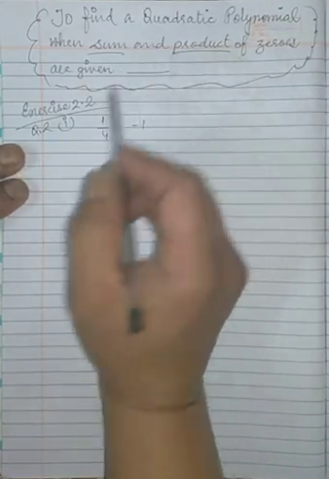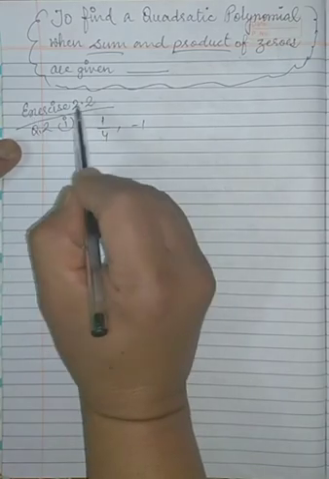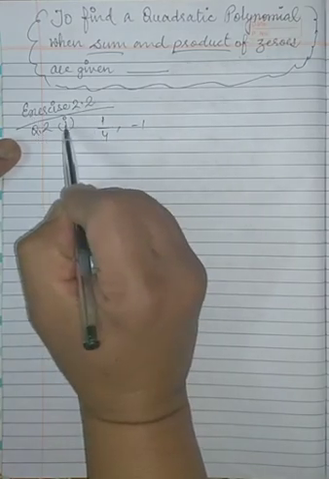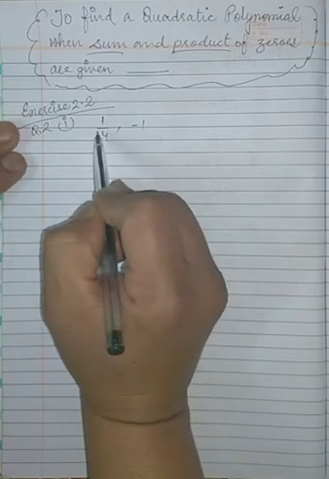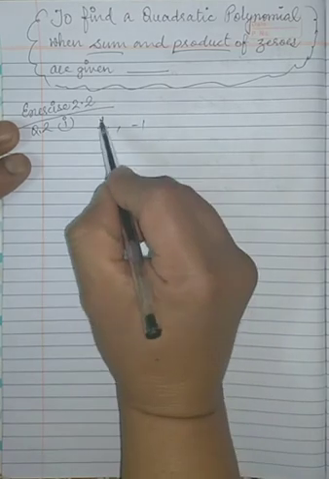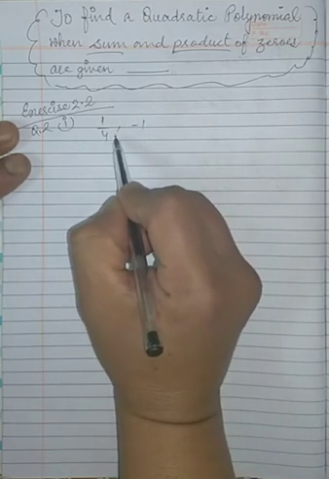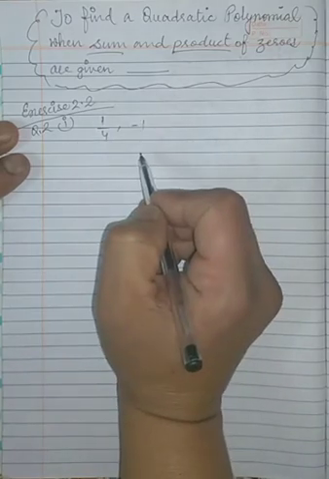To understand that, let us take one question. I am taking here exercise 2.2, question number 2, first part, in which the sum of zeros and product of zeros are given. Okay, so here 1 upon 4 is the sum of zeros and minus 1 is the product of zeros.